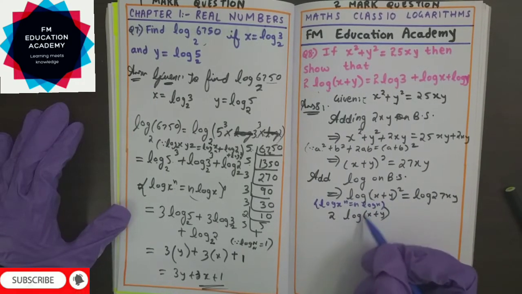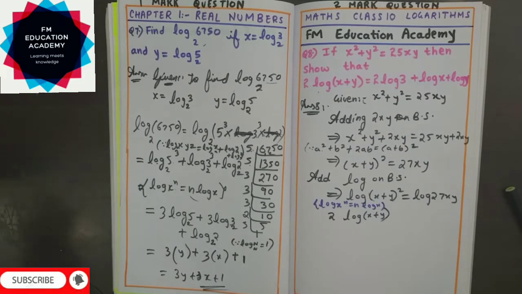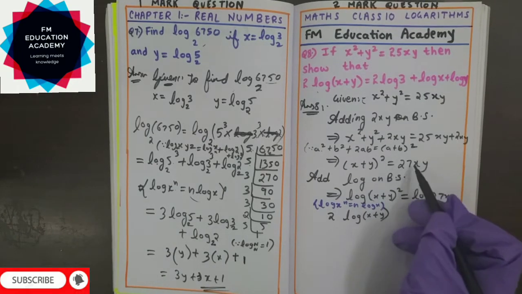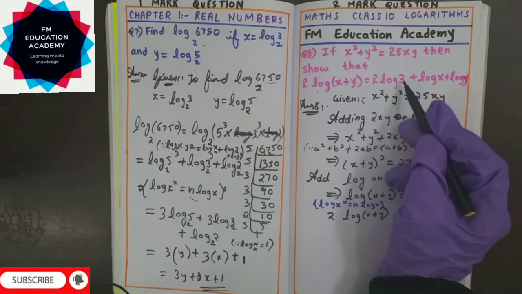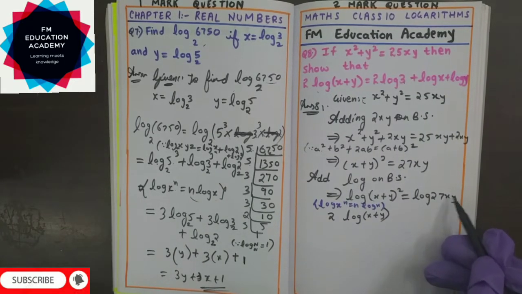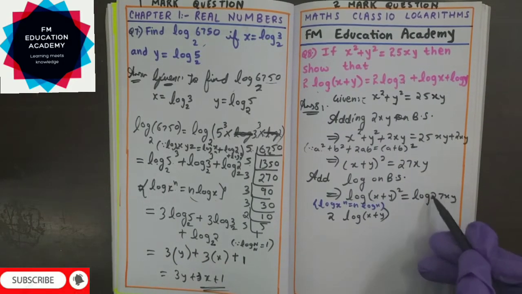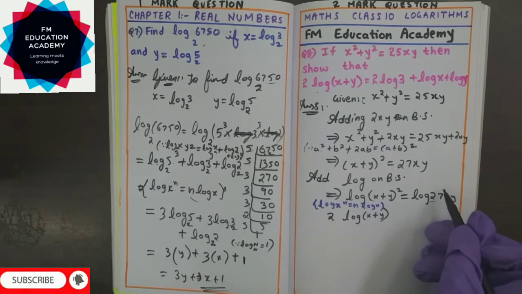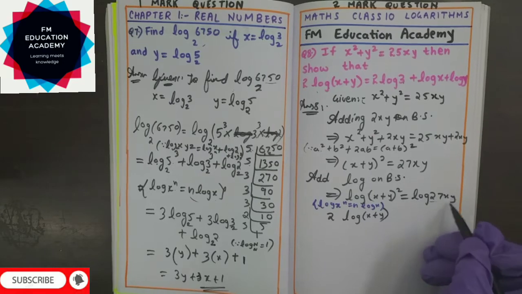So n log x. Now observe, in the RHS we have 27, and in the given condition we have 3xy. Here also we have 27, x and y are there, but 27 is there. So what can we do? We can assume 27 as one term, x as y, and y as z.